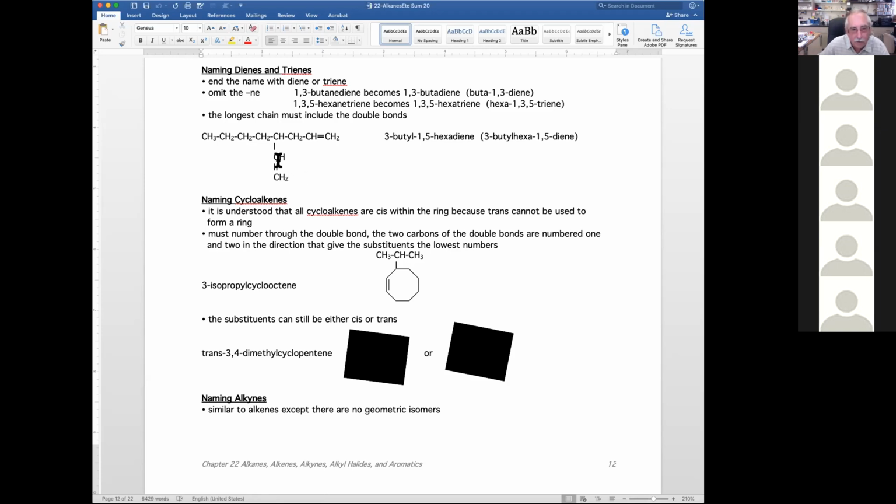The choices are 1, 5, or 1, 6. So why did I choose 1, 5 instead of 1, 6? Because I want to give this substituent the lowest possible number as well. If I had done 1, 6, then this would have been 4. See that? So I started here, 1, 2, 3, 4, 5. That makes this carbon number 3, where it has the butyl group.